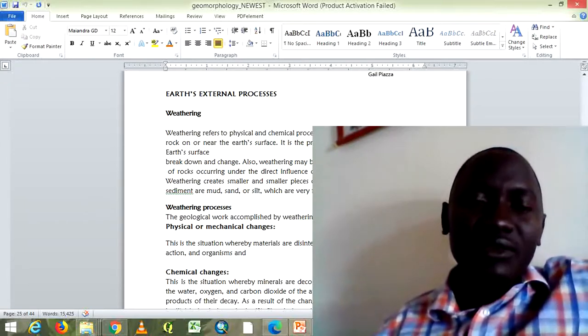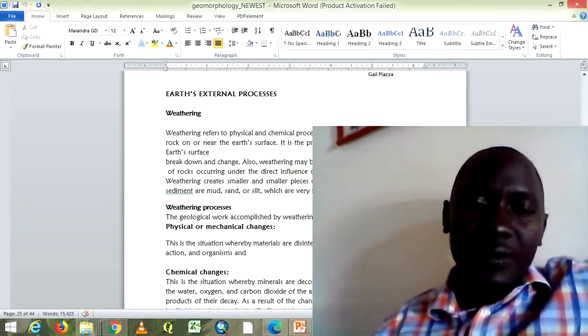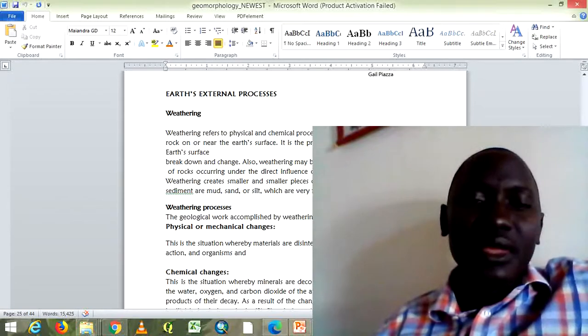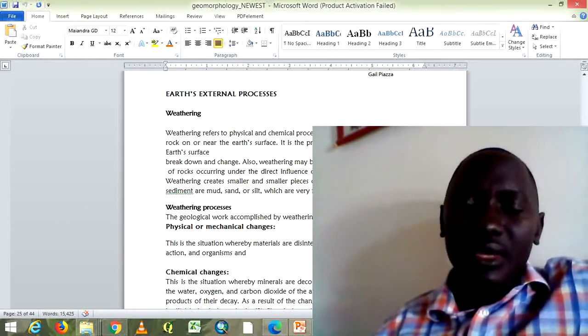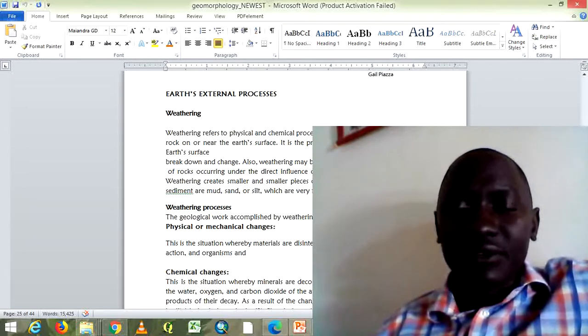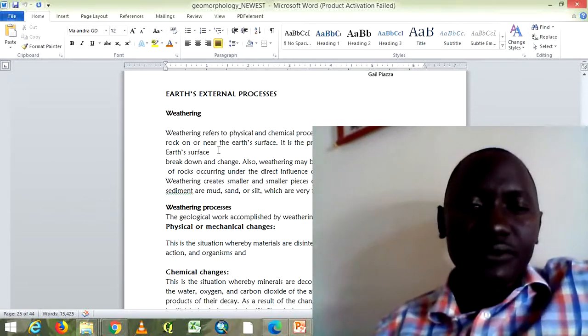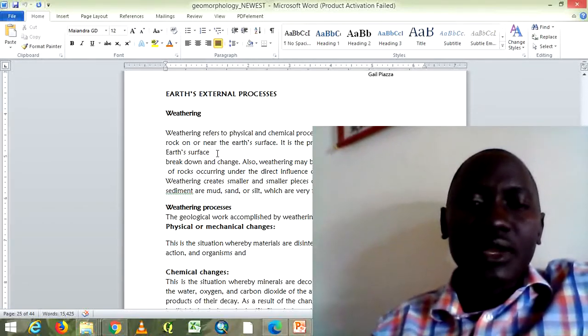So the very first process here is weathering, which we have studied before. We define weathering as the physical and chemical processes that change the characteristics of the rock on or near the Earth's surface. It is the process by which rocks on or near the surface of the Earth break down and change.